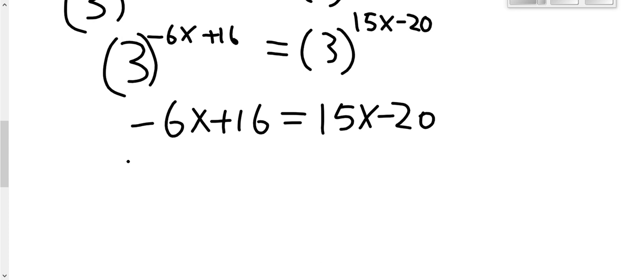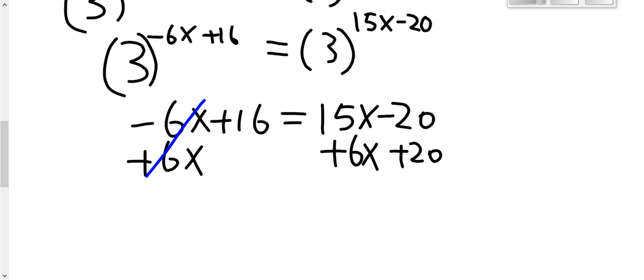So positive x on the right hand side. So plus 6x, you get rid of this, plus 6x, gone. And then get rid of the 20 here, plus 20, plus 20. These two cancel out. So right hand side, as expected, I would end up with positive x, whatever amount I have. So in this case, 21x.